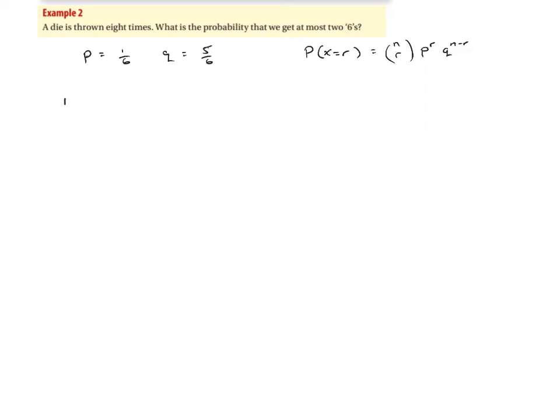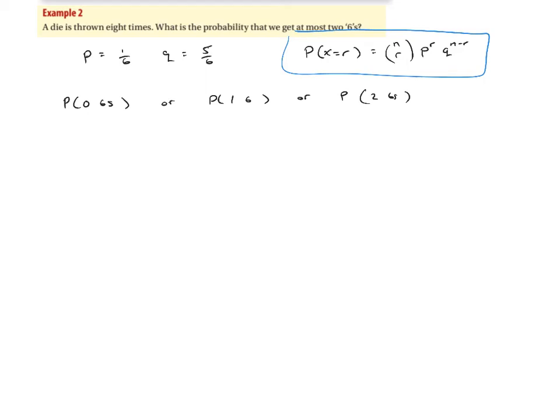So what we're working out is the probability of 0 6s, or the probability of 1 6, or the probability of 2 6s. So it's 3 things that we have to work out here, and we're going to have to run everything through this formula 3 times, changing our r as we go along.